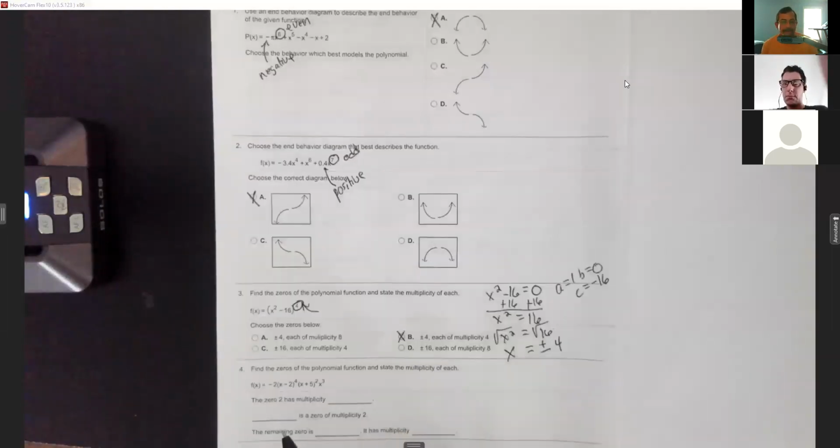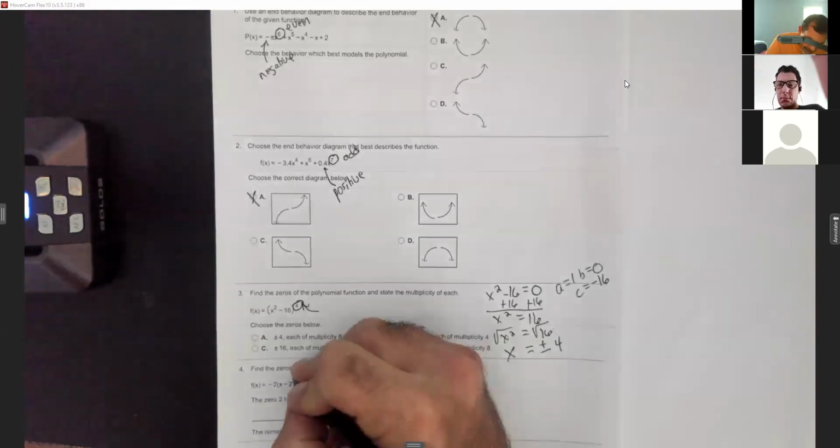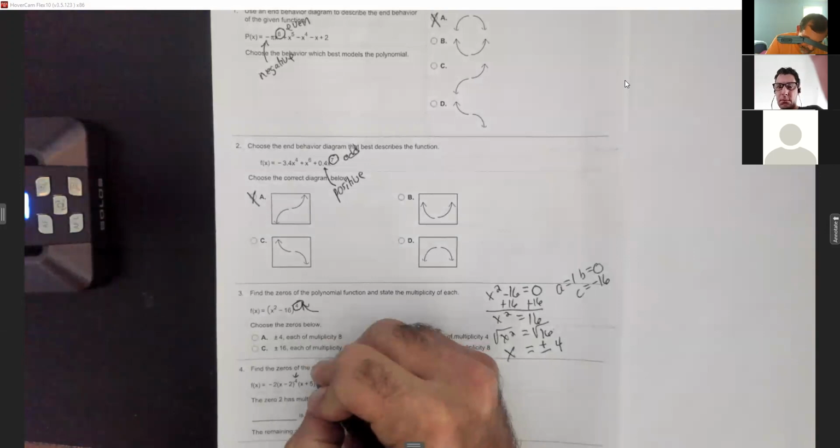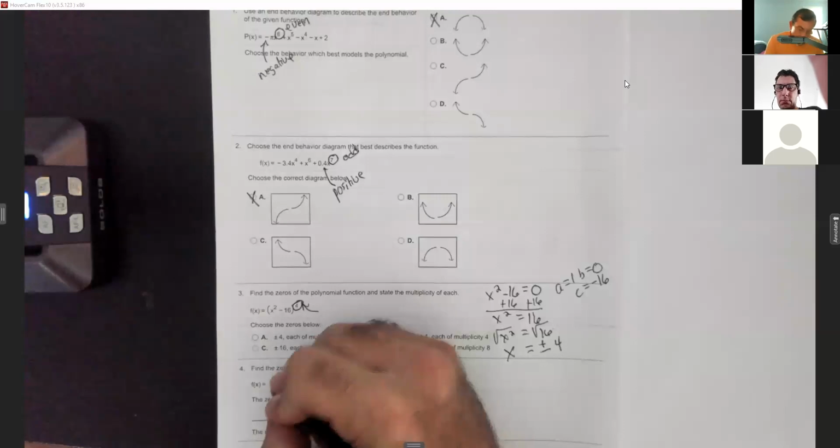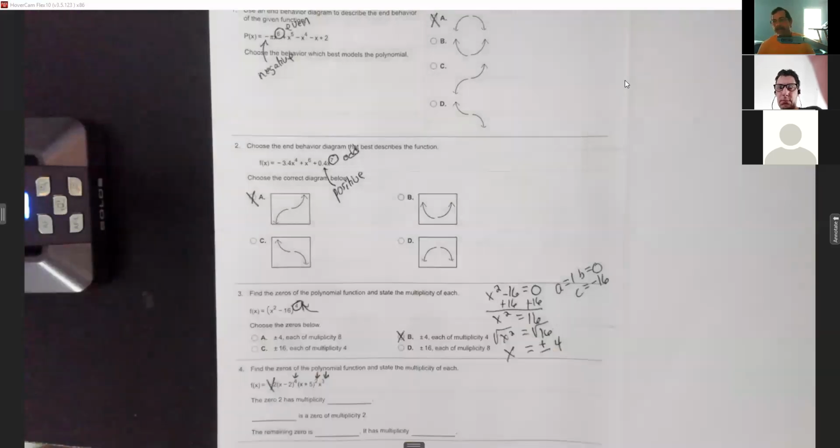Same thing on my number 4. Find the zeros of the polynomial and state the multiplicity. Well, the multiplicities are all these exponents on the outside. Now notice, this negative 2 does not have a variable. Since that factor does not have a variable, we're going to cancel it out because there's no way it could have a 0.